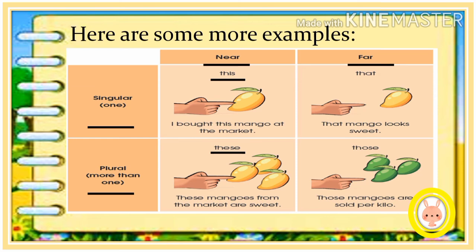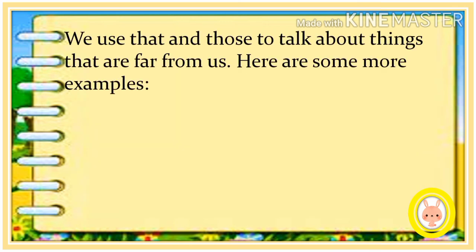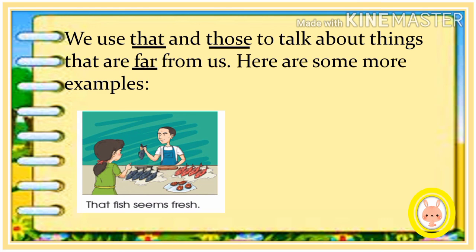And now we use that and those when the things are far from us. That mango looks sweet and those mangoes are sold per kilo. We use that and those to talk about things that are far from us. Here are some examples. That fish seems fresh.